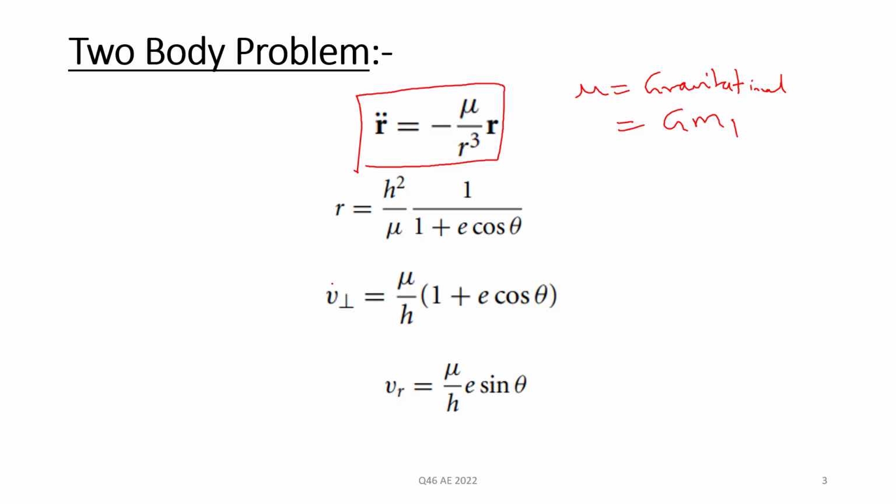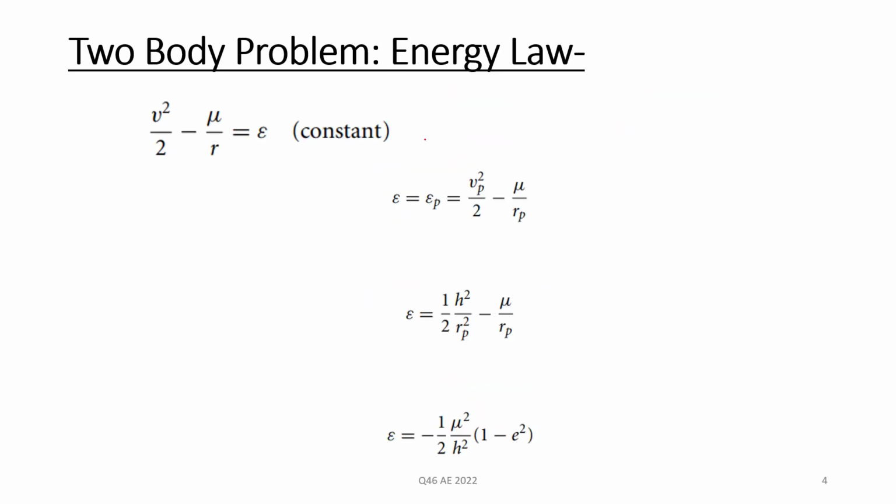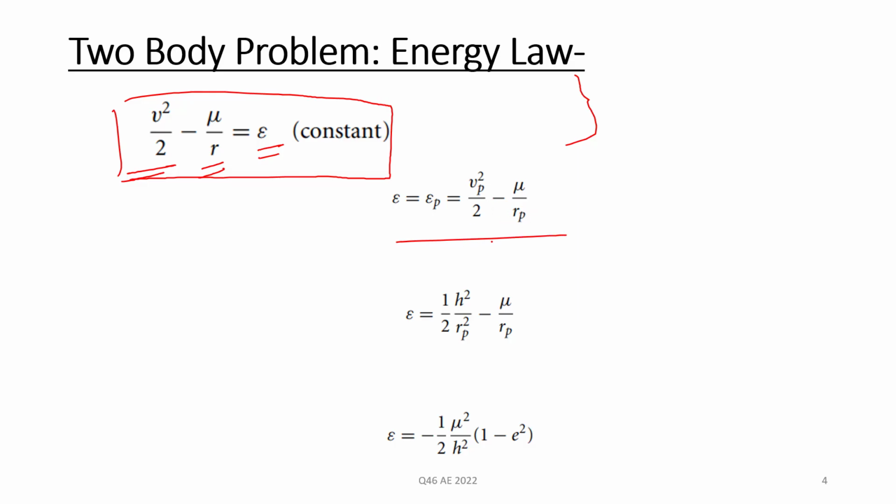We can also find the velocity. Tangential velocity will be equal to mu upon h, 1 plus e cos theta, and radial velocity mu upon h, e sin theta. From the energy law, we can get that the sum of kinetic energy and potential energy is constant. So if we put the value of velocity and position at the periapsis, we will get epsilon equal to vp square upon 2 minus mu upon rp.